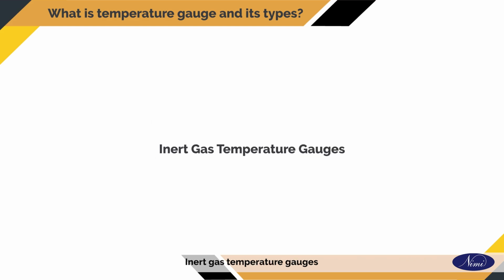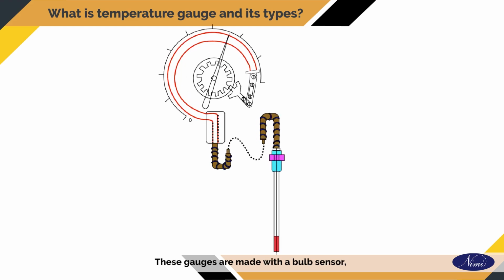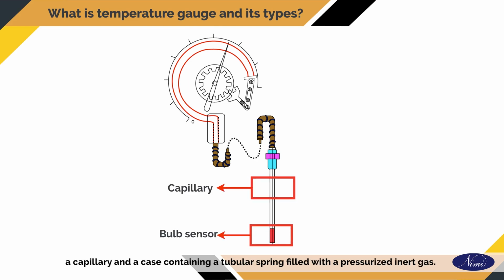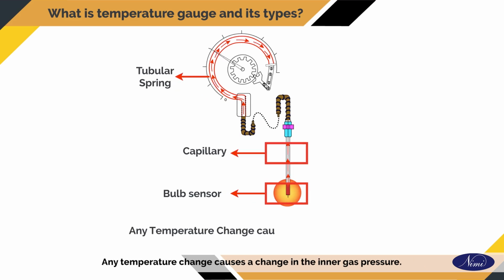Inert gas temperature gauges. These gauges are made with a bulb sensor, a capillary and a case containing a tubular spring filled with a pressurized inert gas. Any temperature change causes a change in the inert gas pressure.